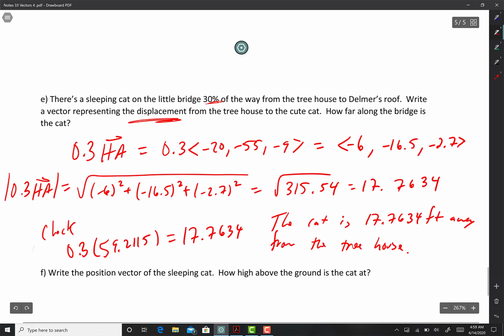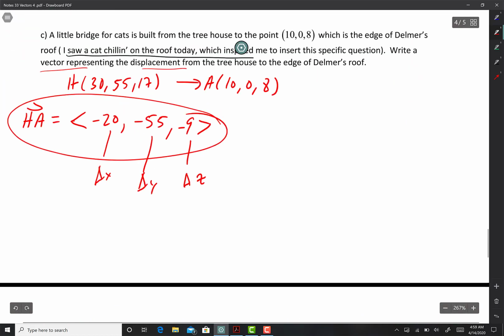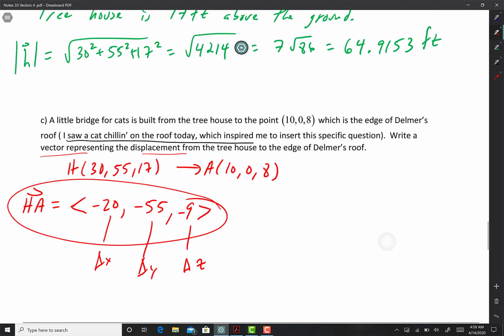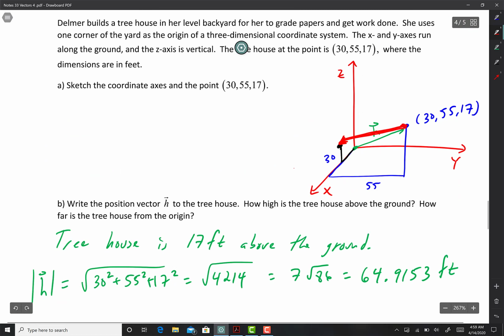All right. Write the position vector of the sleeping cat. That means my vector initially, H, and I'm going to add the 0.3 HA. H was initially at 30, 55, 17.